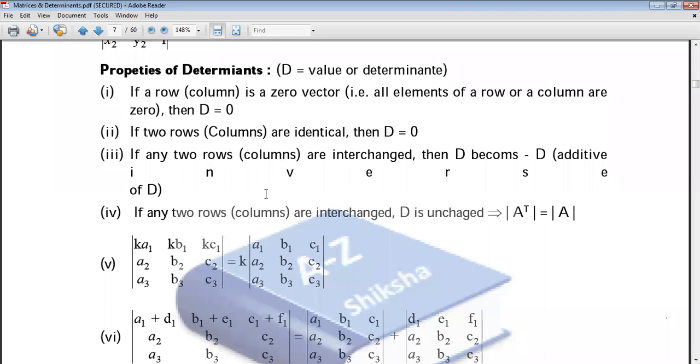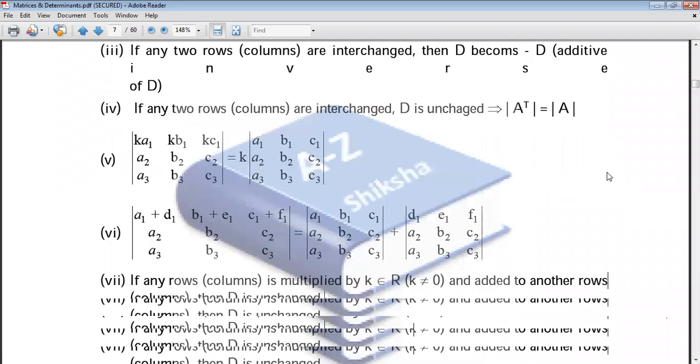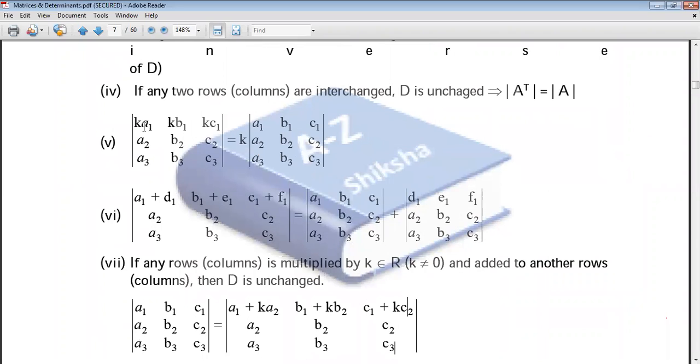Okay, that is the third one. Fourth one is not necessary. Fifth one you can say. Just see the fifth one. What you have seen in the left hand side determinant: the elements are given, and in the first row a constant k is multiplied with every element of that row, isn't it?